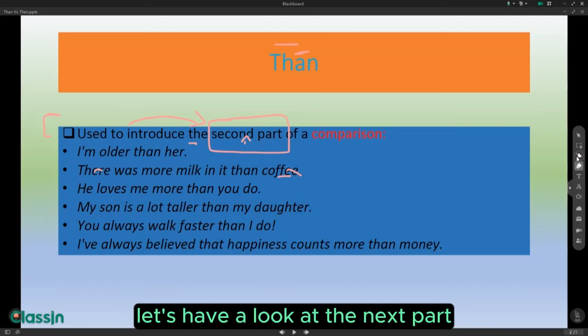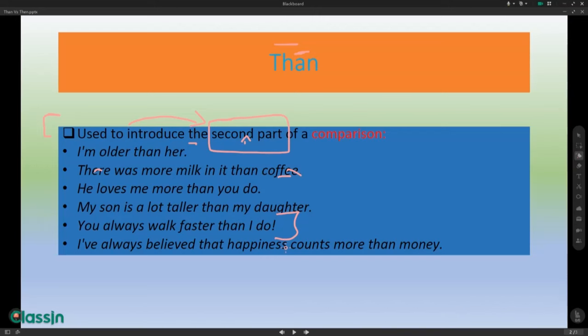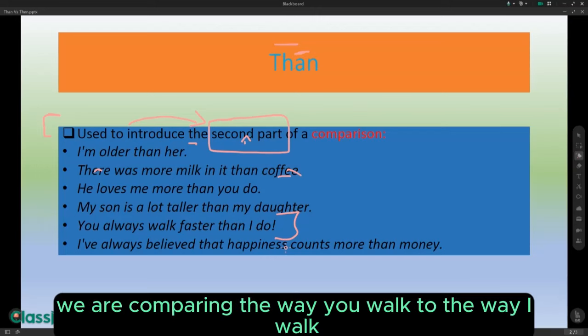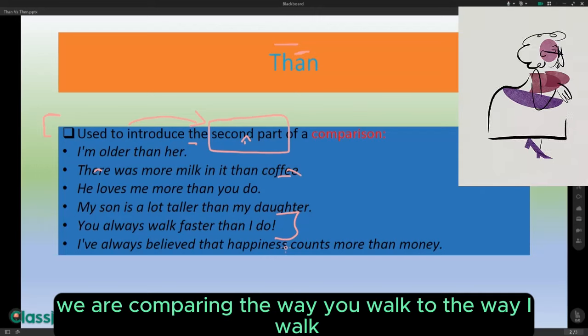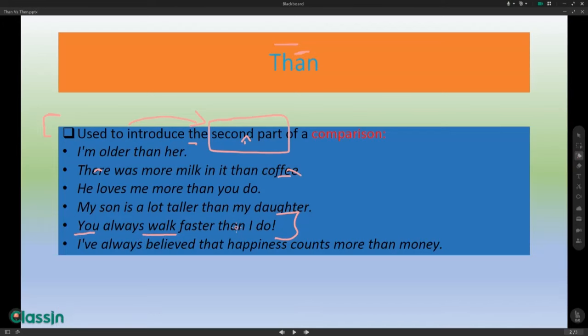Let's have a look at the next part. You always walk faster than I do. In this case, we are comparing the way you walk to the way I walk. So number 1 is the way you walk. This is part number 1. The way you walk, to the way I walk, which is "I do".